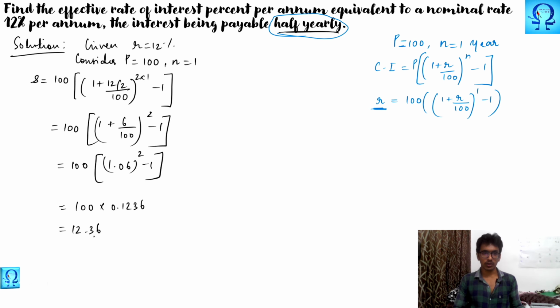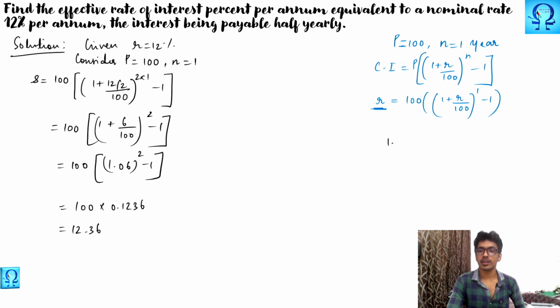We have calculated this effective rate, that is simply we have calculated the interest, the interest that we earn for 100 rupees for a year when it is compounded half yearly. Generally, be it simple interest or compound interest, for 100 rupees 12% of the interest is going to be 12 rupees, right?